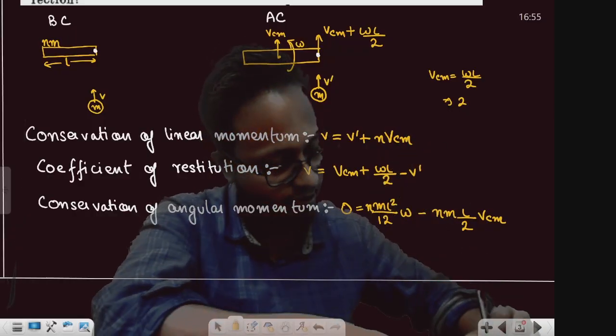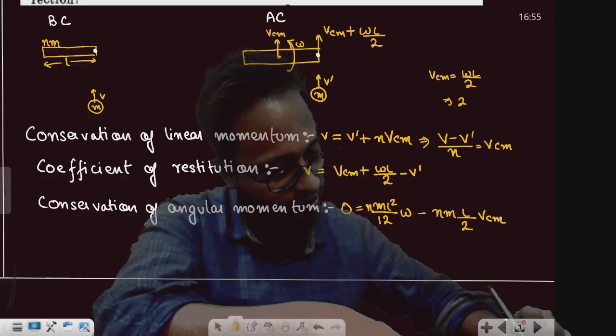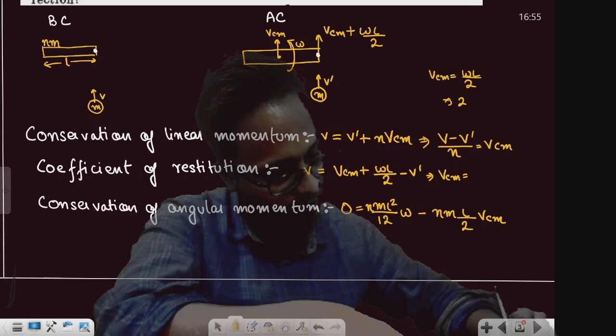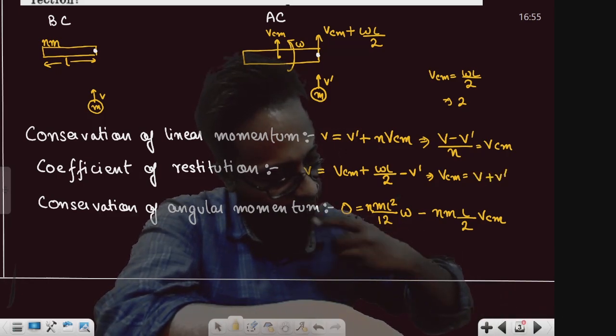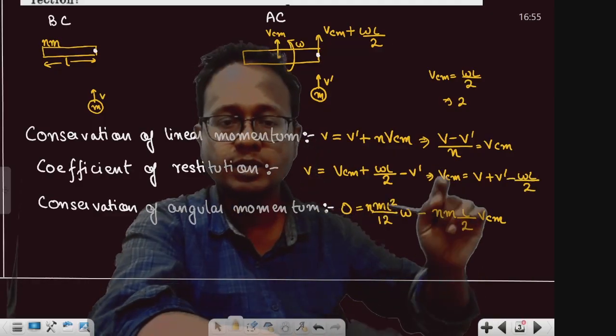So v minus v dash by n is equal to velocity of center of mass, and out here I'll get velocity of center of mass is equal to v plus v dash minus omega L by 2. Understood these two?